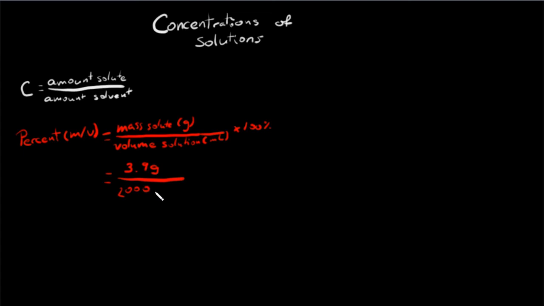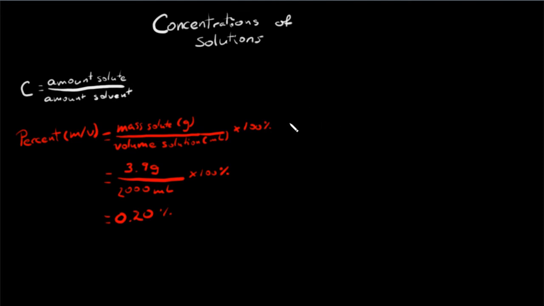So we would write it as 2,000 milliliters, and multiply that by 100%. At the end of the day, we would say that the Kool-Aid and water solution is 0.20% Kool-Aid mass volume. So the mass volume percent is 0.20%.